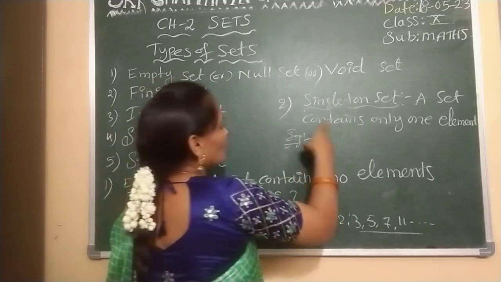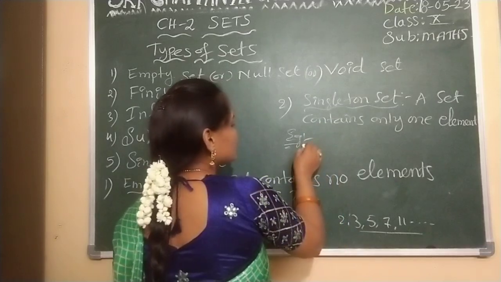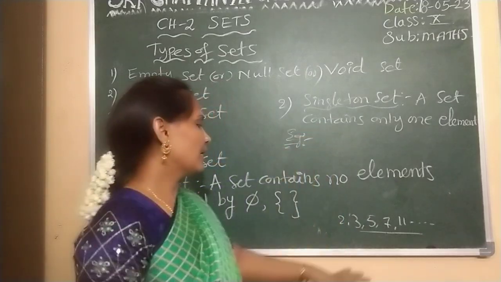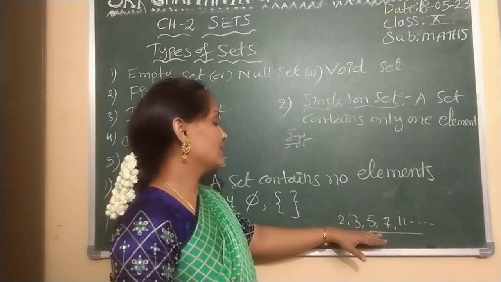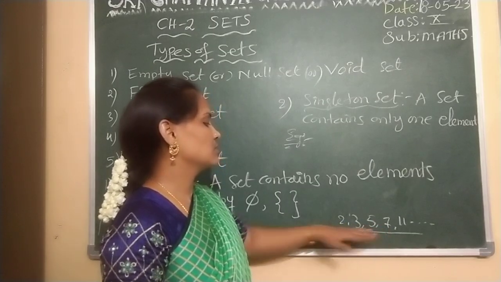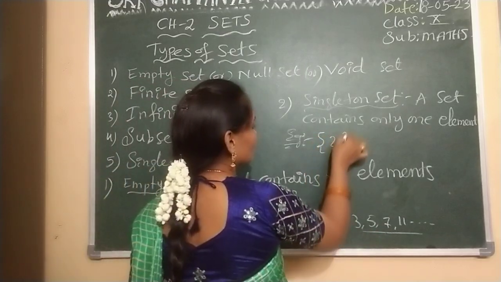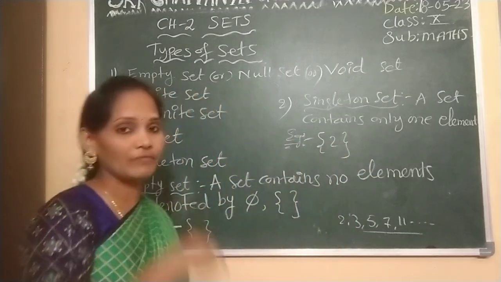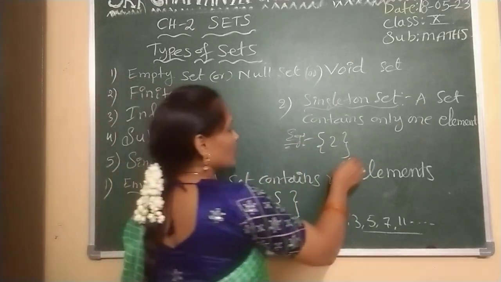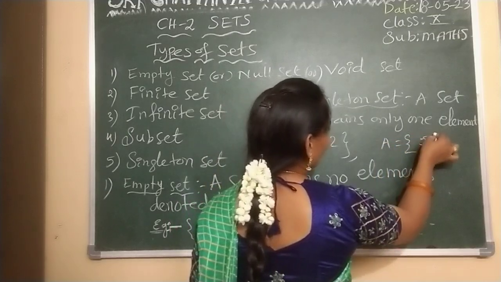Now here is an example for this. A set contains even primes. How many even primes? Only one even prime. Yes or no? Suppose one set A I am taking as {2}.